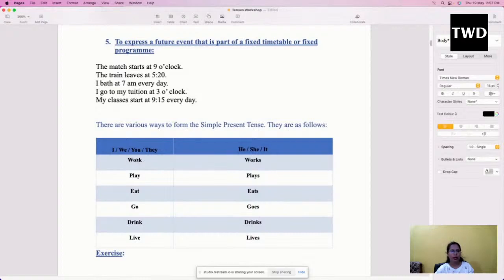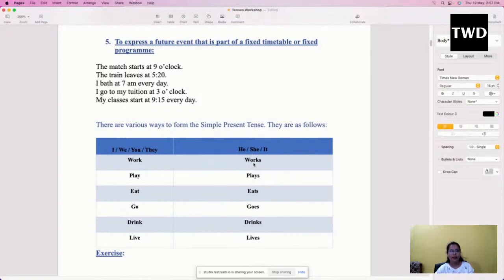The moment it is without s, that means it is in its plural form. And why should we use the plural form of the verb with I and you? Because I and you always take the plural form of the verb. He, she, it, or if you are using somebody's name, all such subjects take the singular form of the verb. That means your action words will come with s.